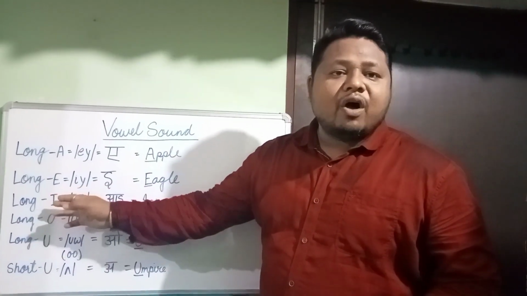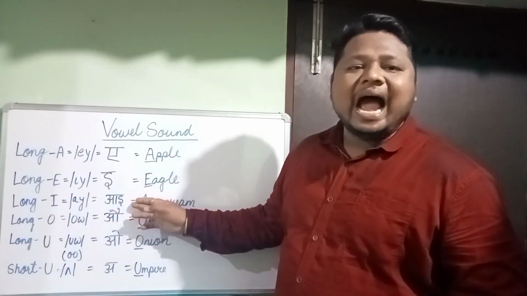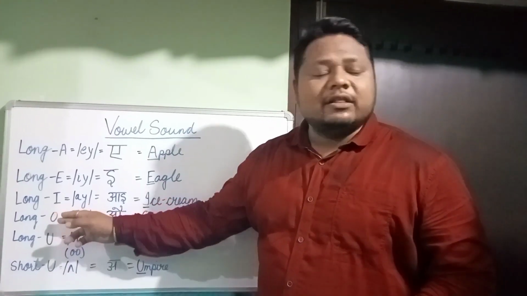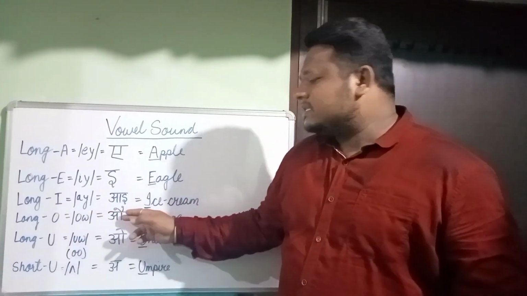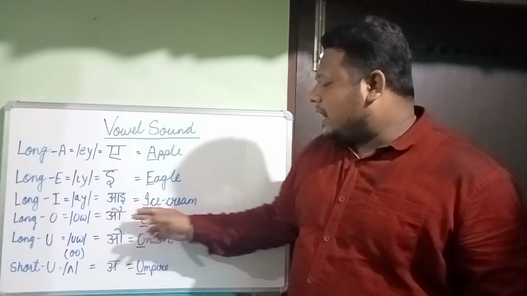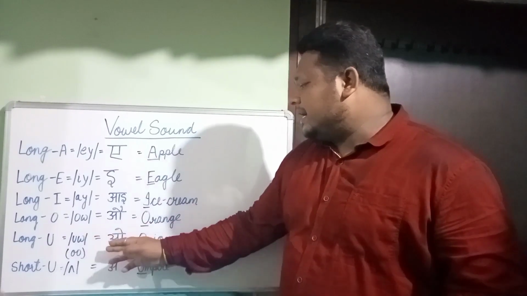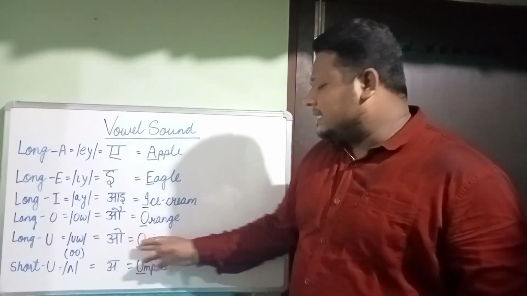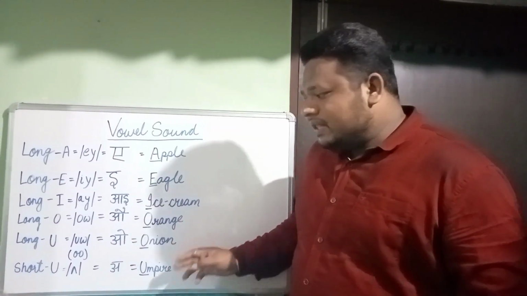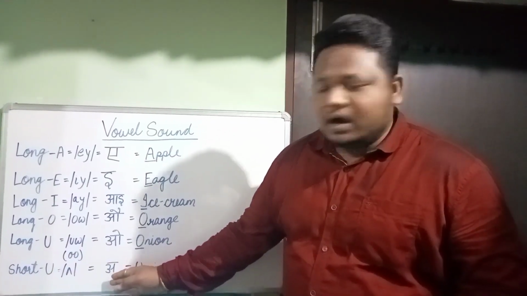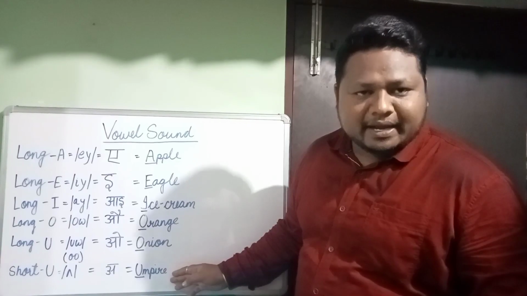When you say long I, it makes I sound, I as in ice cream. When you say long O, it makes O sound, O as in orange. When you say long U, it makes U sound, U as in onion. And when you say short U, it makes A sound, A as in umpire.